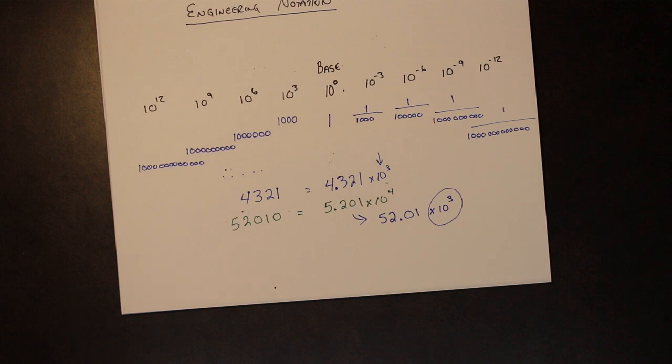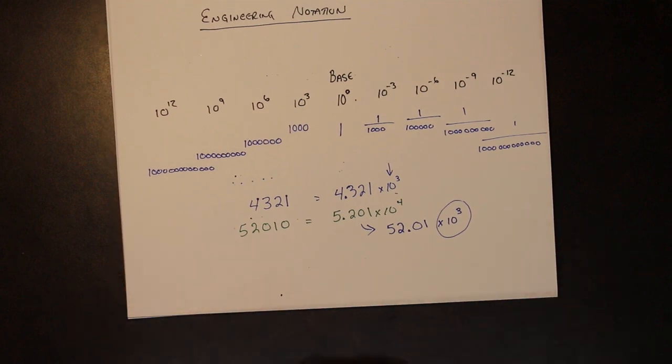Now you might ask, well, what's the difference? Why do we use one instead of the other? Well, engineering notation is based around the way we talk. Scientific notation is based around mathematics.